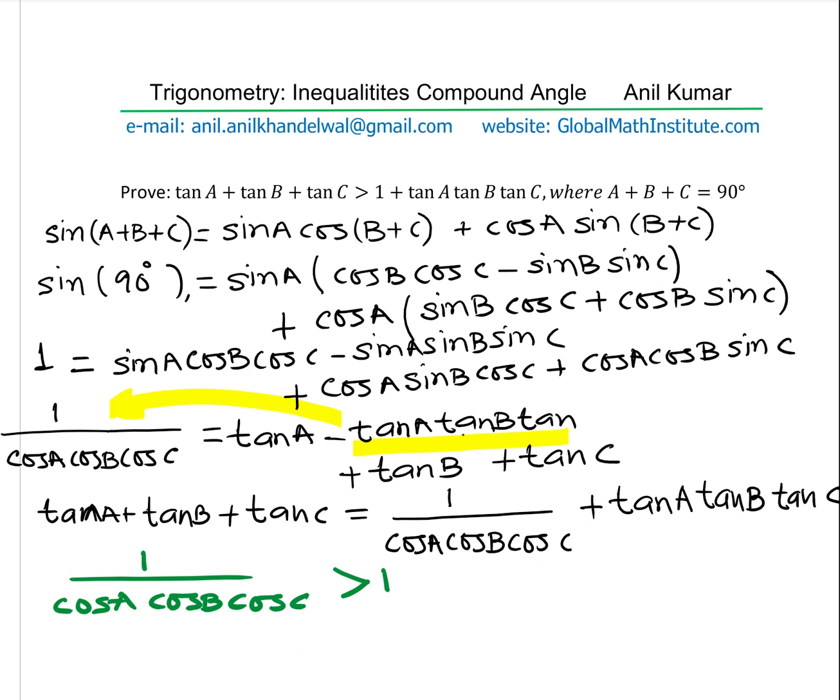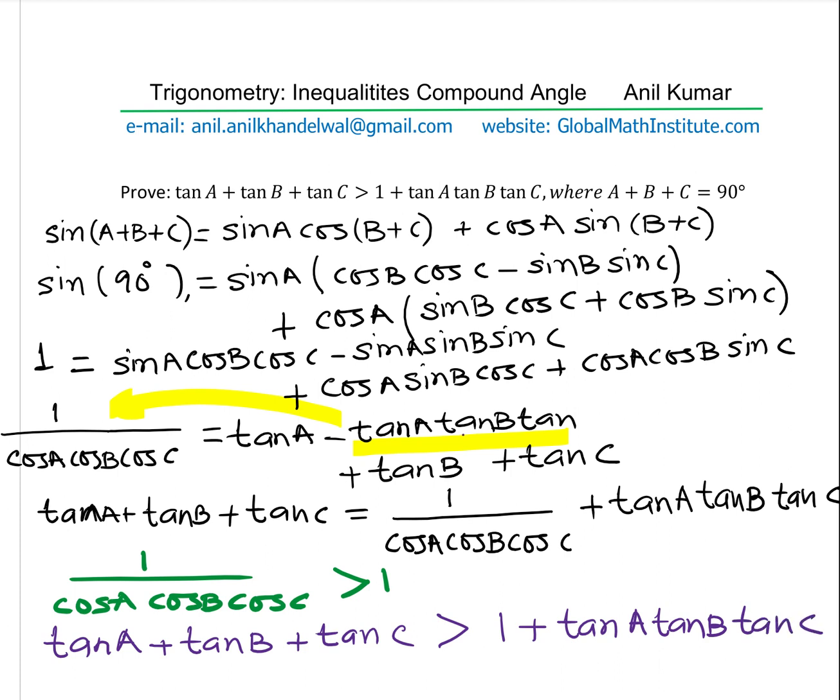And that means that the left side, which is tan A plus tan B plus tan C, should be greater than 1 plus tan A tan B tan C. Because when you add something greater than 1, it is more.